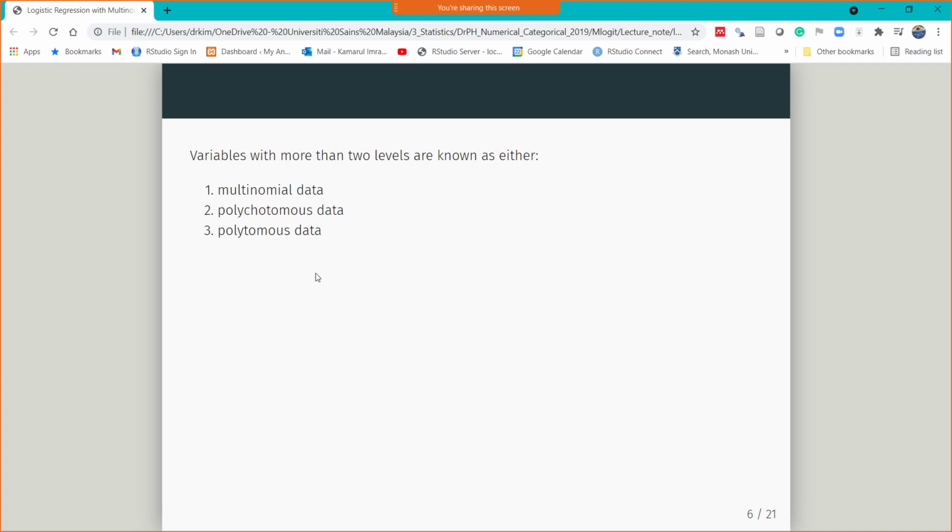It means that the outcome is categorical, and the categories are more than 2, three or more. People call this multinomial data. Some call this polycotomous data. Some call this polytomous data. They are all the same. They have more than two categories, three or more.